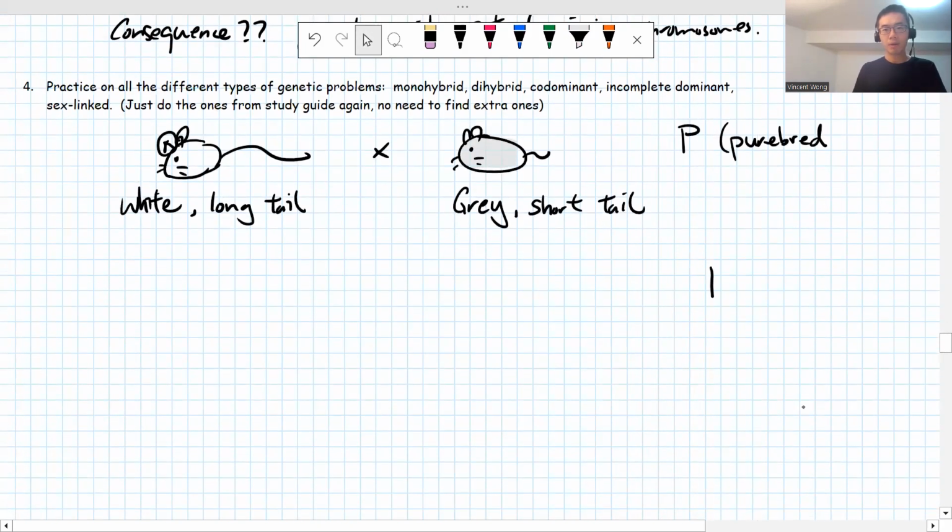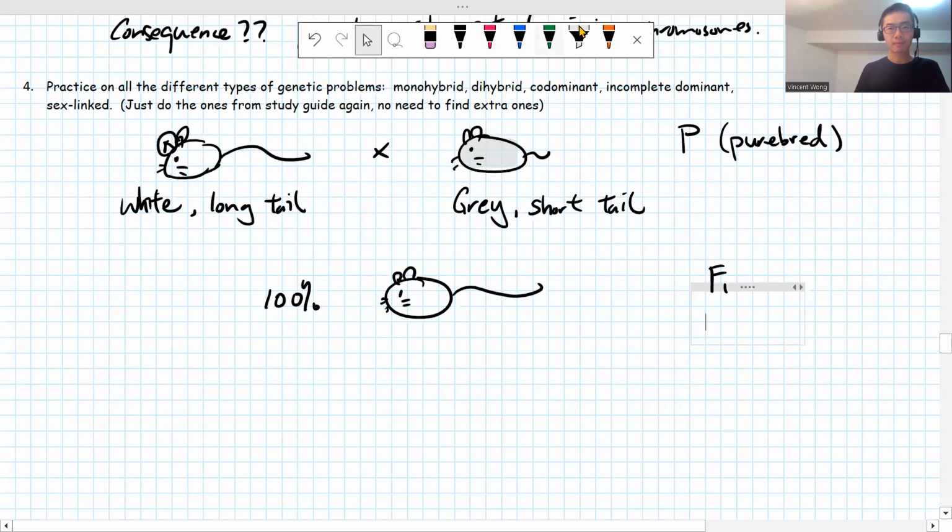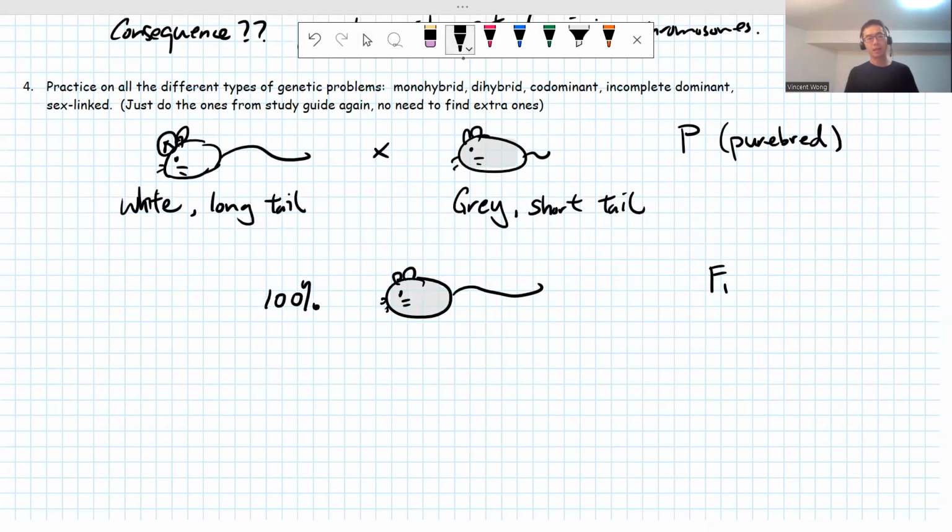And then the F1 generation, 100% looks like this. 100% is gray and long tail.